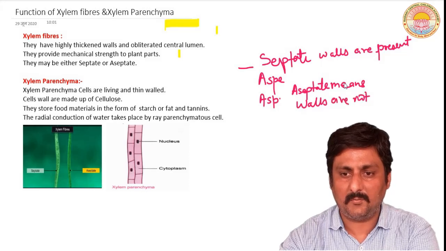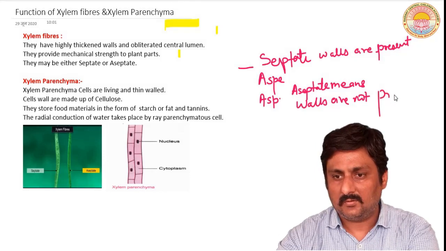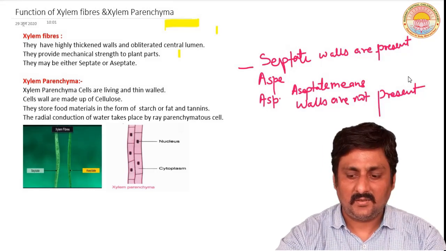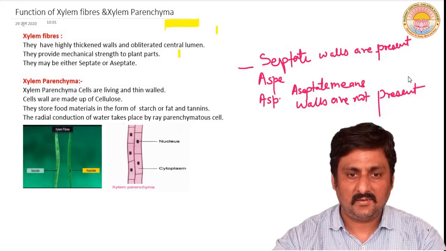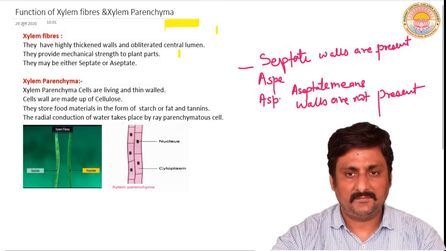So there is no demarcation line between the two cells. If the walls are not present, the cell will be considered as a single cell.